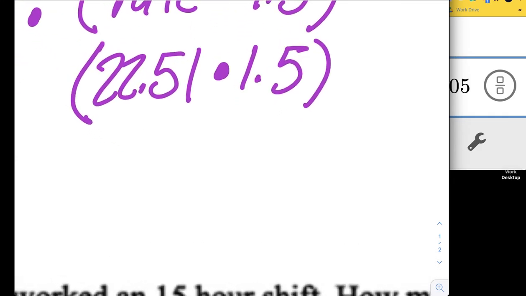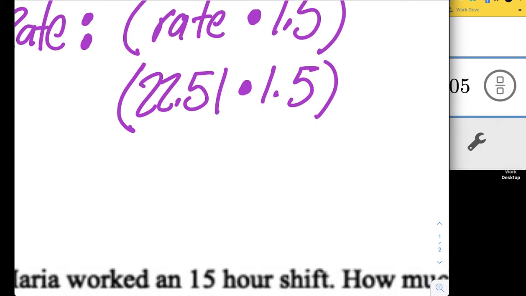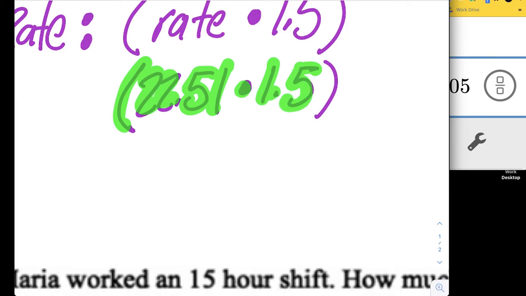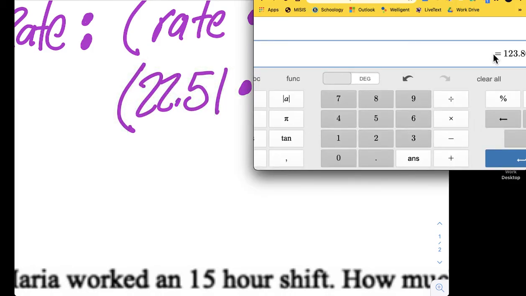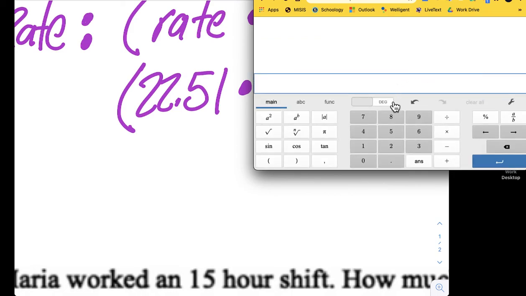Right? So again, we're going to type this into the calculator. Parentheses, 22.51 times 1.5, exactly the way I see it. Let me clear it right here. Parentheses, $22.51 times time and a half, 1.5, parentheses.